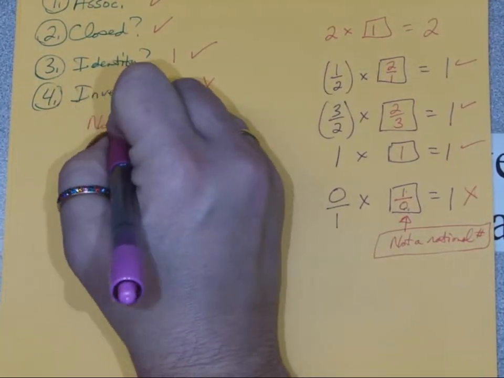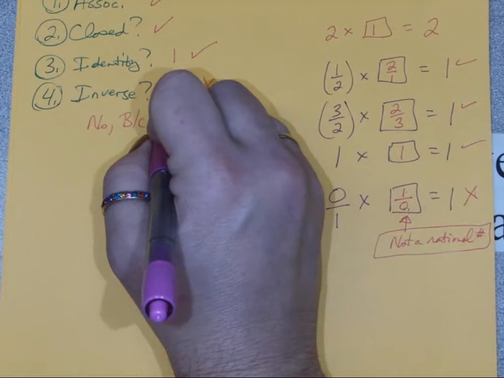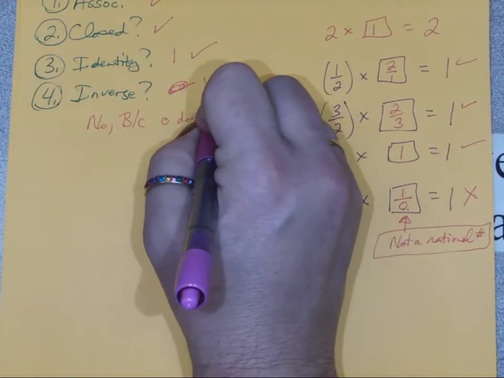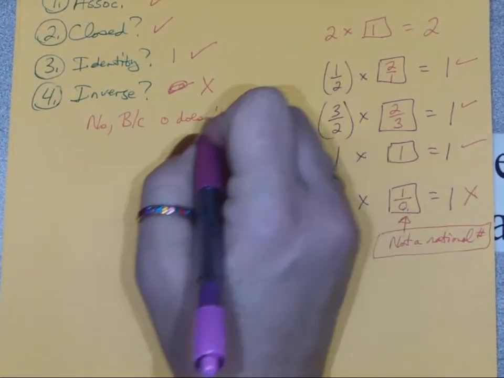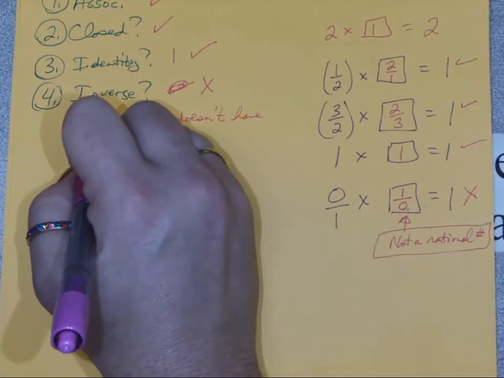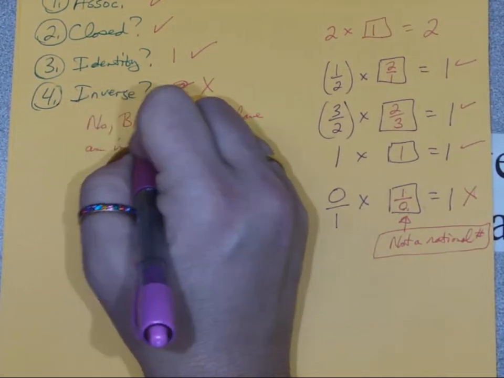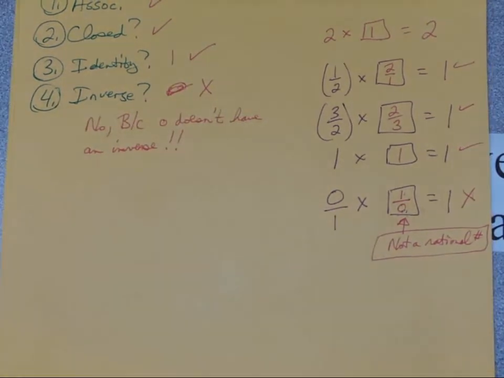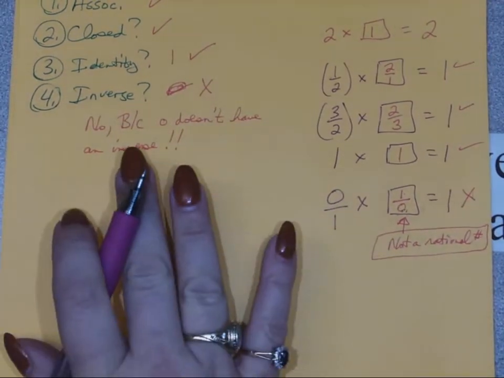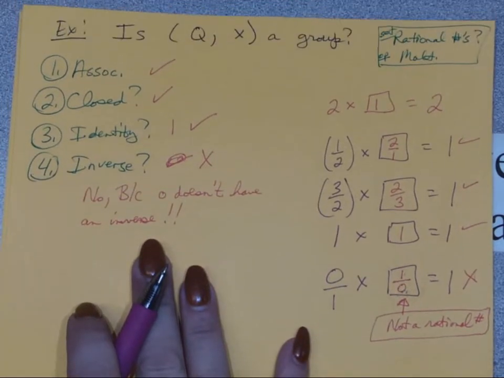So no, because 0 doesn't have an inverse. And in fact, it's not an element of the set. Okay, so one of the properties did not hold for me, this guy right here.